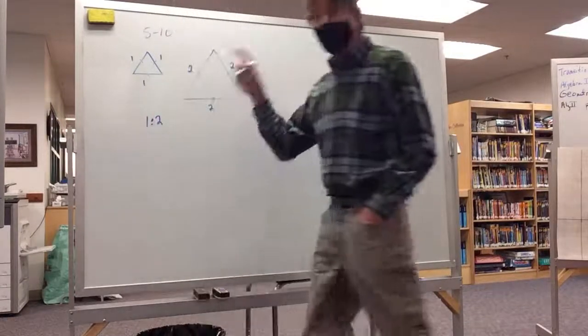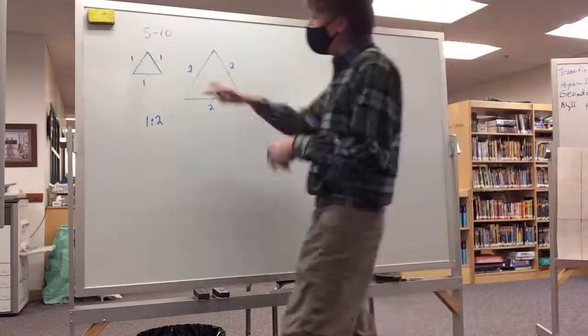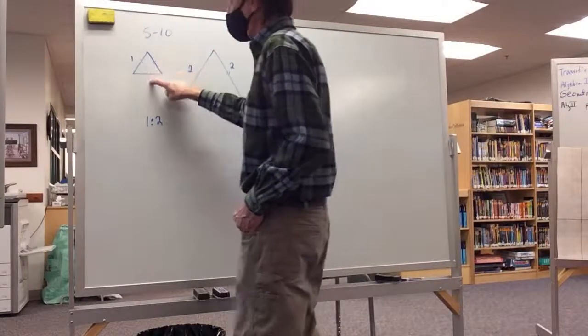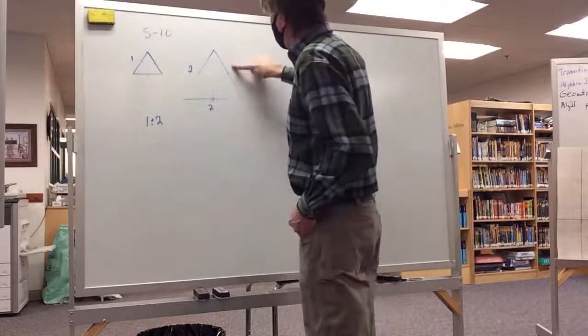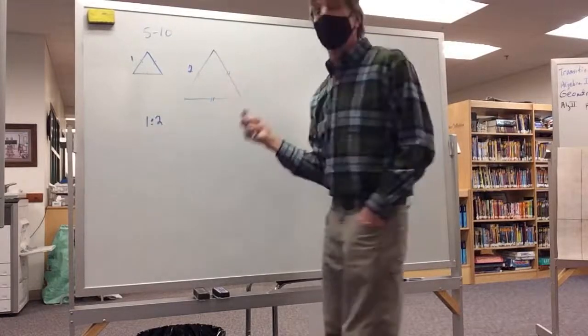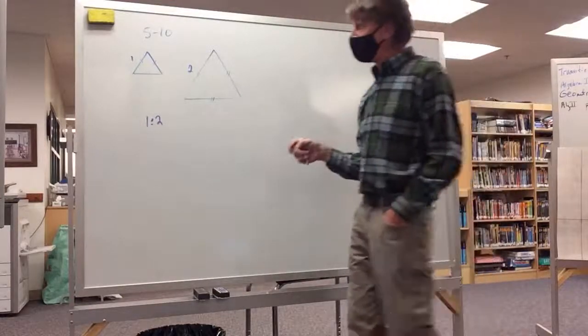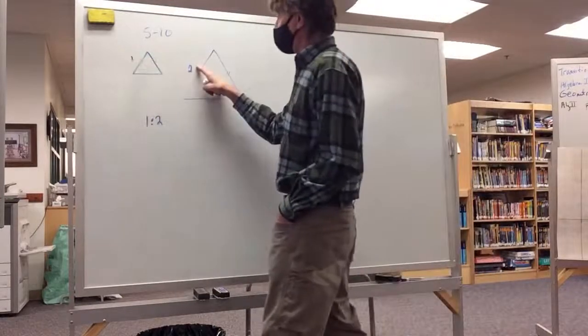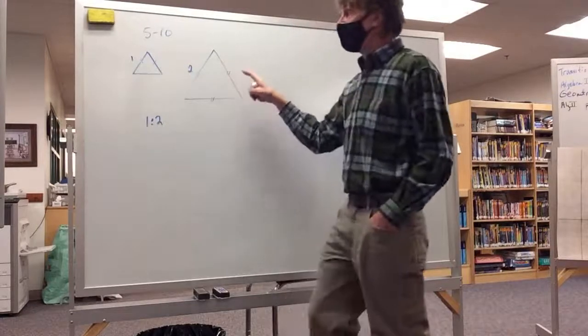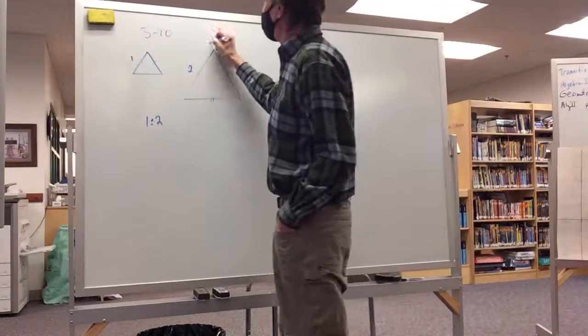Now, let's back up. Let's take away information. Let's say you didn't know that these were 1, but you knew they were all the same. And you didn't know that these were 2, but you knew that they were all the same. Well, because this is a 1 to 2, everything here has to be a 1 to 2 because they're similar figures.